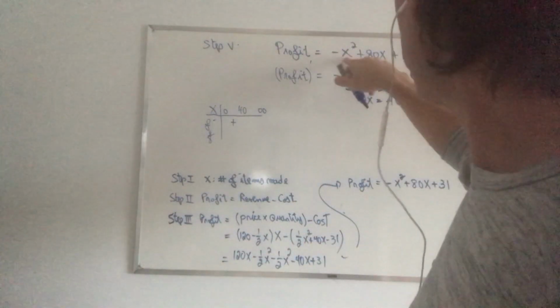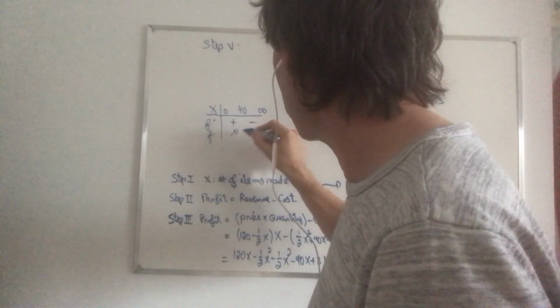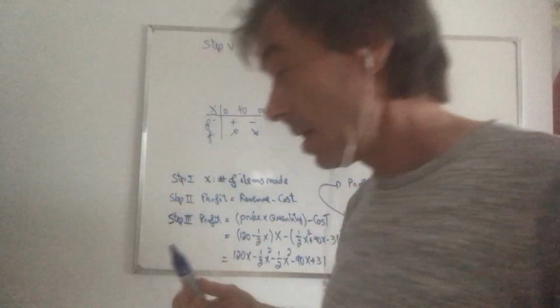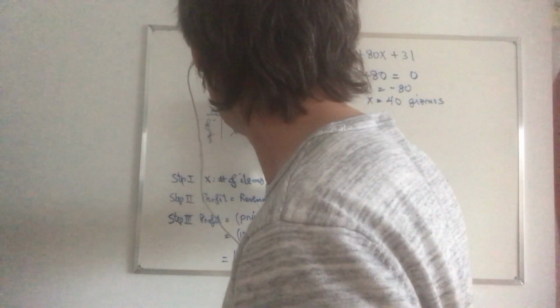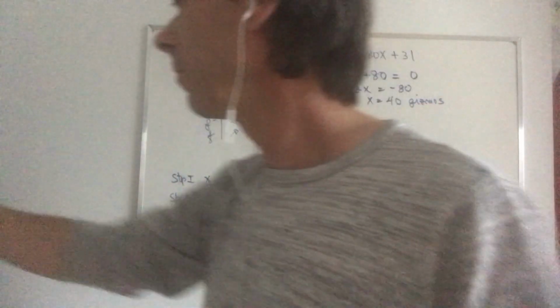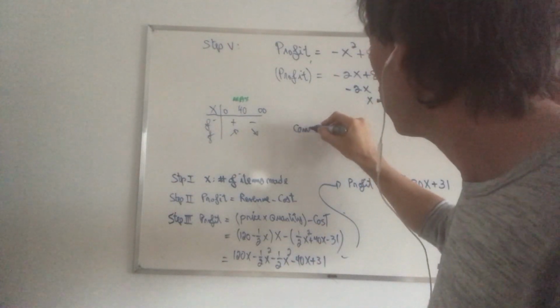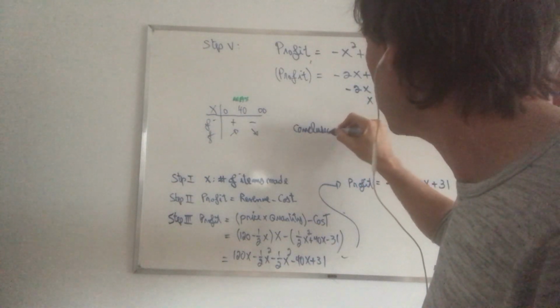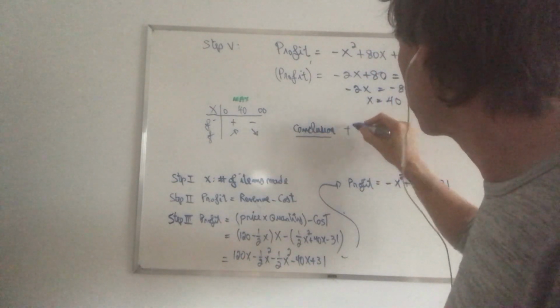And if I take 50, that number is too big, it's going to be a minus. So that goes up and that goes down. And yes, we have found a local maximum. So the answer to the question is conclusion.